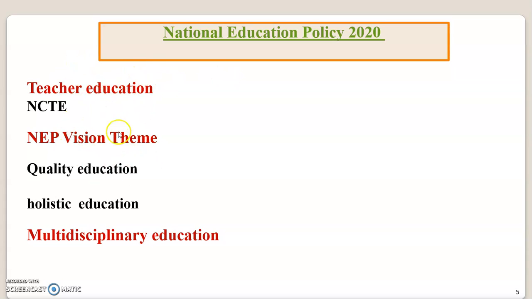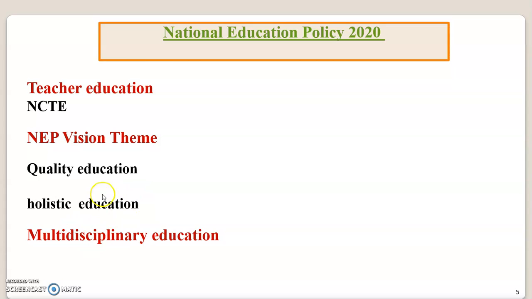The National Education Policy vision theme is quality education, moving towards a multidisciplinary undergraduate education. For example, an engineering student can also learn music if he is interested, right? Even a 4-year engineering program leading to a degree with research, innovation, startups, extensive use of technology and innovative teaching pedagogy.